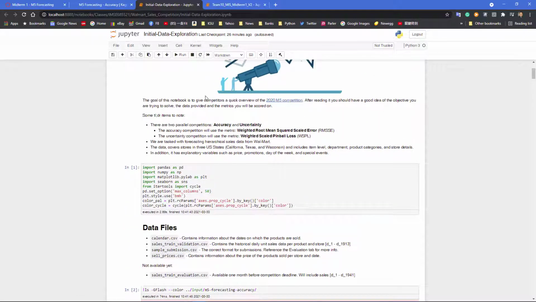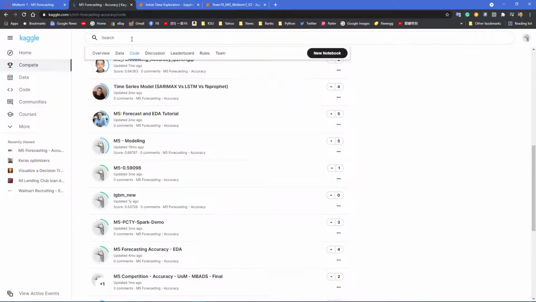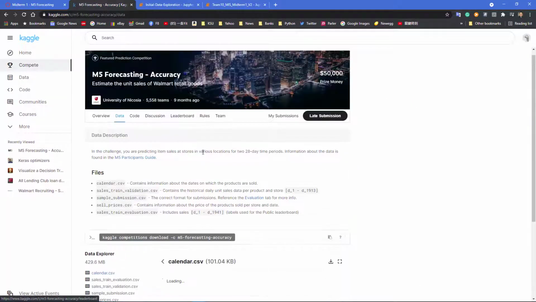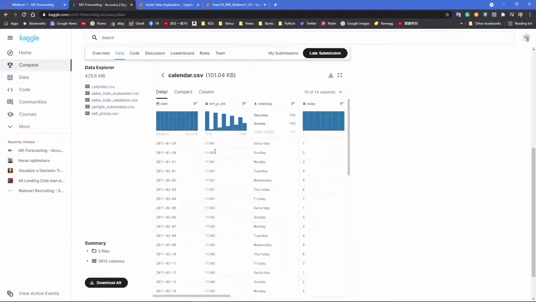The data is quite large, actually. If you look at it, the data portion in total has 5 different files.